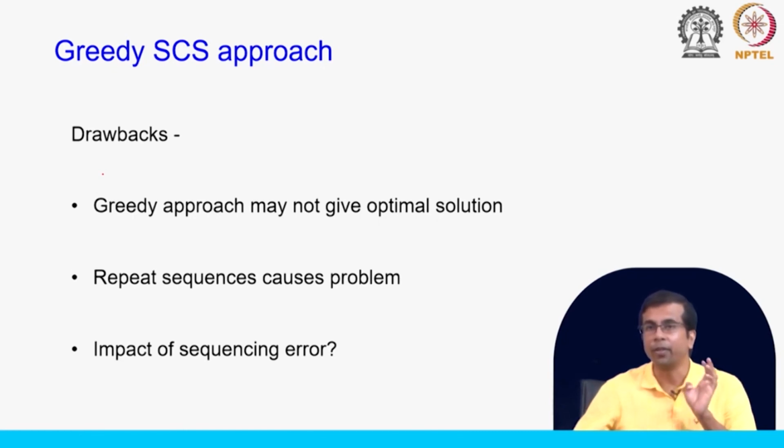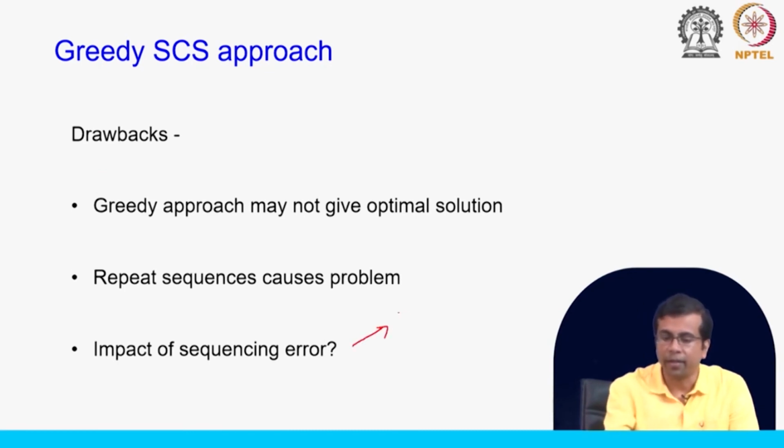So, there could be two impacts of sequencing error. You might miss the right overlaps, or you might get spurious overlaps.